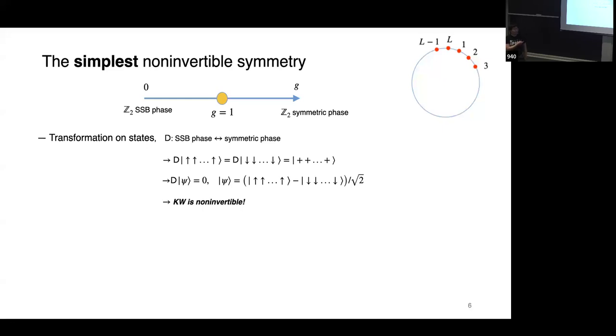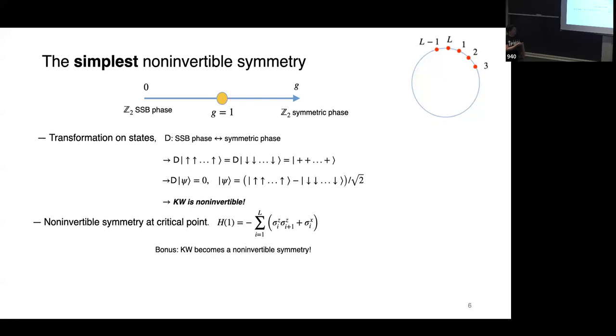So this Kramers-Wannier duality operator is non-invertible. At the critical point, D commutes with the Hamiltonian, and therefore it becomes a symmetry at the critical point. The bonus here is that the KW duality becomes a non-invertible symmetry at the critical point, and this is maybe the simplest example of a non-invertible symmetry on the lattice.